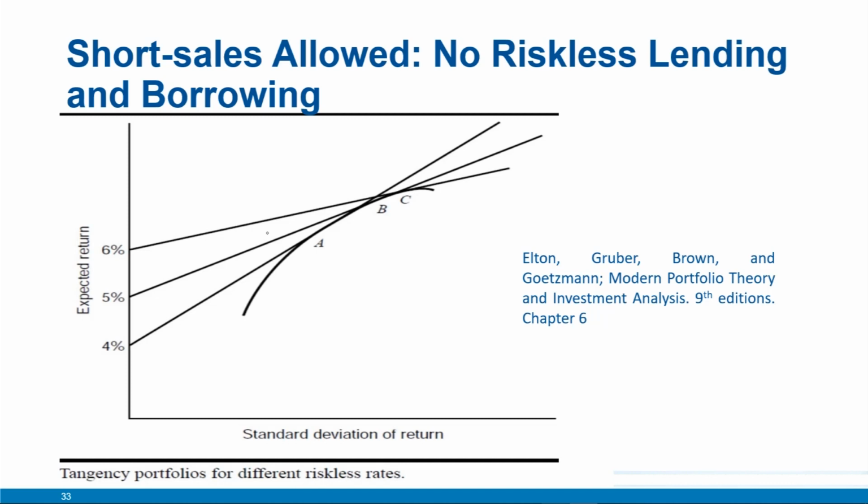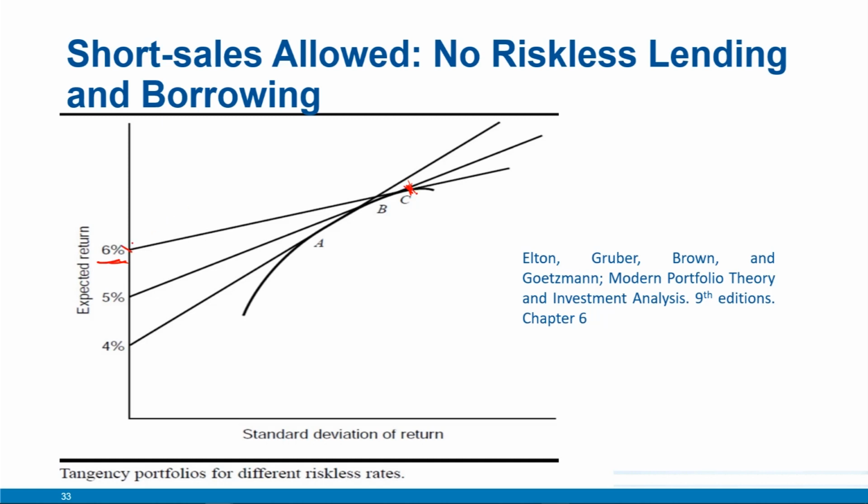Now we can replicate that analysis, but in that case, for a hypothesized risk-free rate, and for each hypothesized risk-free rate, we can obtain a tangent portfolio on the efficient frontier. But by the back calculative logic, this tangent point will ultimately be a point on that efficient frontier itself.